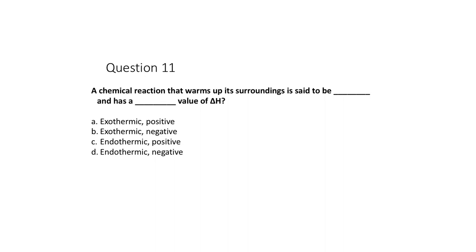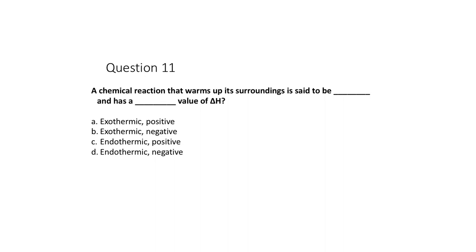A chemical reaction that warms up its surroundings is said to be blank and has a blank sign for delta H. So a chemical reaction is taking place. Imagine we put a compound in water, let's say, and the reaction is doing something in that solution, and then it's going to change the temperature of the solution. Imagine a compound is just dissolving.